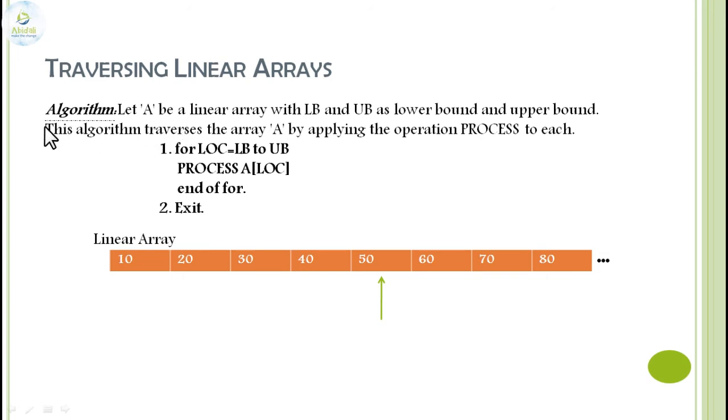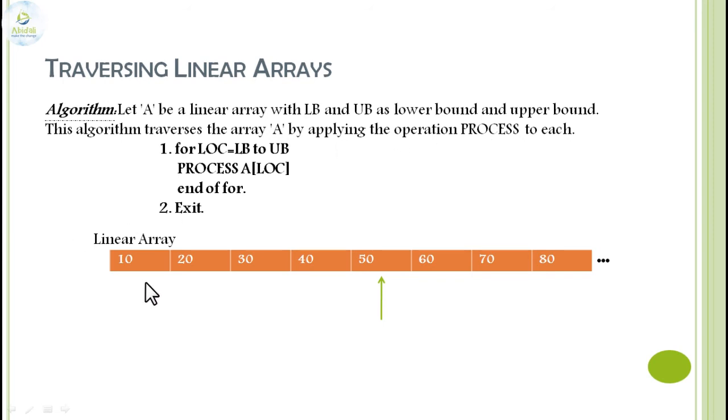The descriptive part carries 1 mark if it is for 5 marks, and has some importance, telling the evaluator who corrects the paper that you will be taking so and so array name with so and so lower bound and upper bound, with so and so operation that you will be performing on the array. So you are telling the name of the array, the lower bound and upper bound, and the name of the process or operation applied.